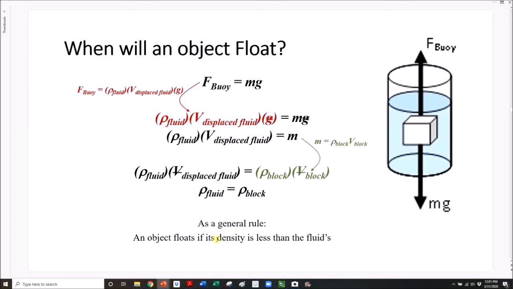So if we go back to that floating fish and the hot air balloon, they float because they're less dense. For the goldfish, less dense than water. And for the hot air balloon, less dense than the air it's in. That's why you don't float, because you're more dense than air. But you do float in water because you're slightly less dense than water.